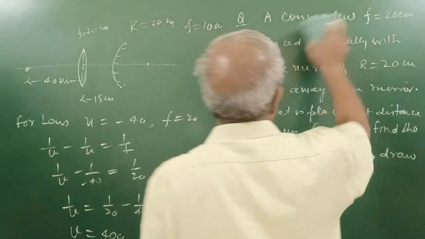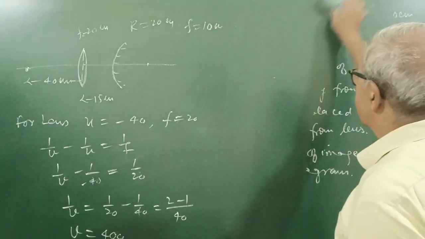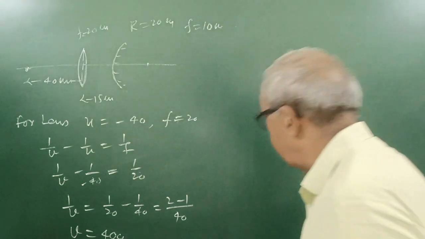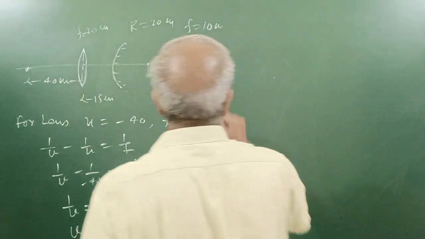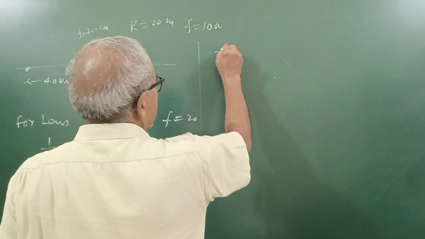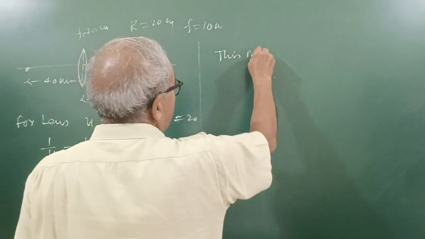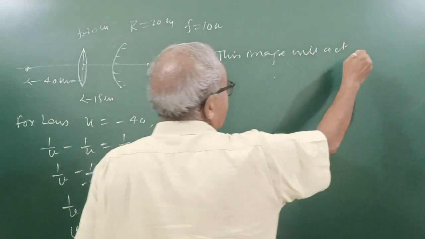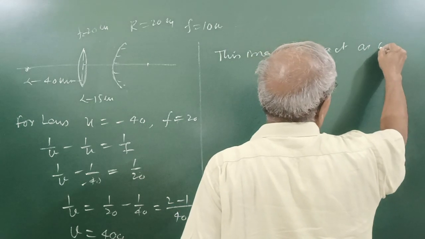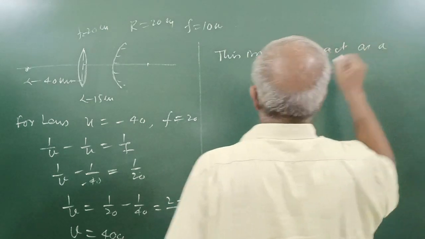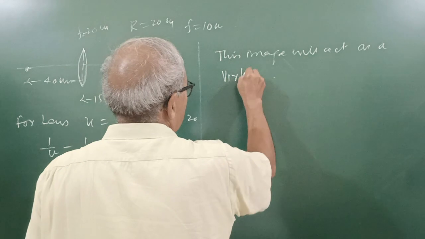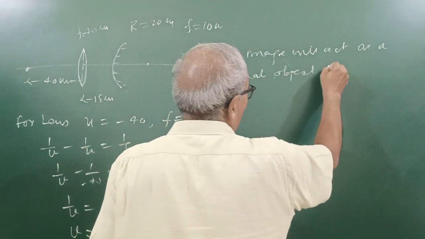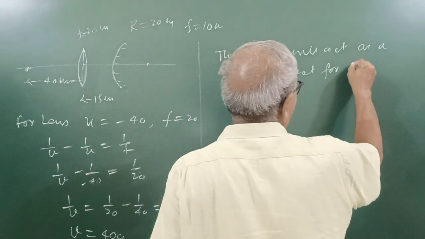This image formed by the convex lens will act as an object for the convex mirror. This image will act as a virtual object for the convex mirror.